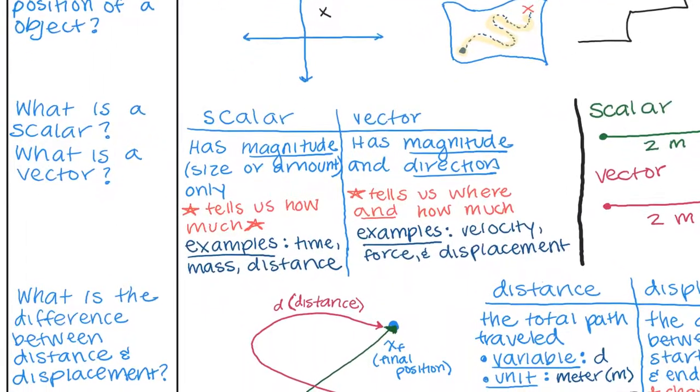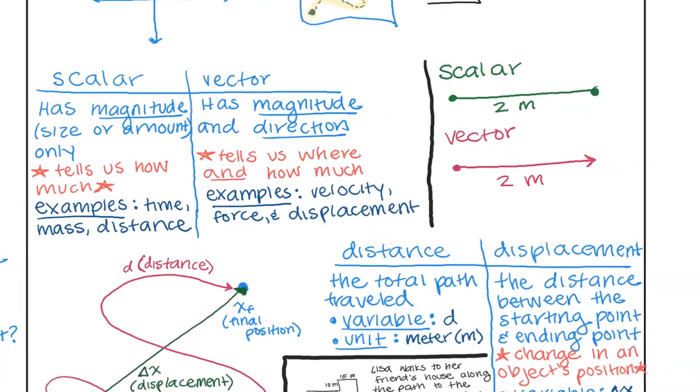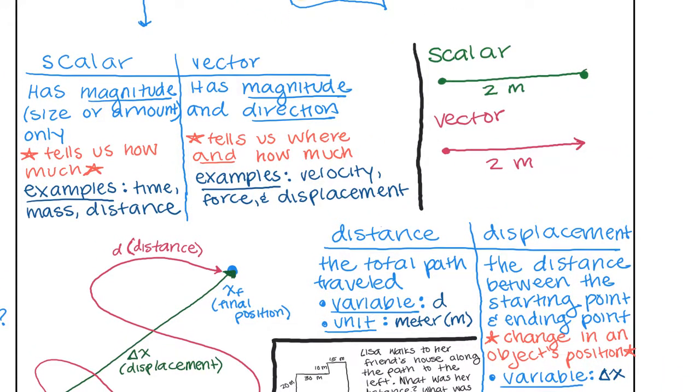Okay, so now let's talk about what a scalar and a vector is. These terms you might not be as familiar with, but that's why we're going over them right now. A scalar has magnitude, meaning it has a specific size or amount of something. It describes how much of that thing you have.